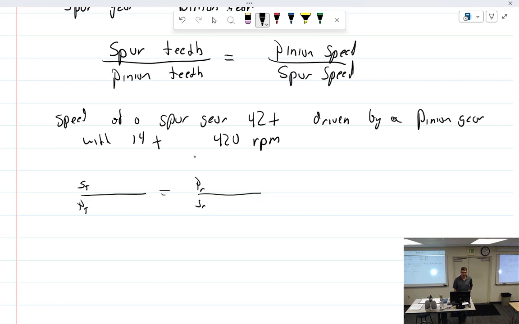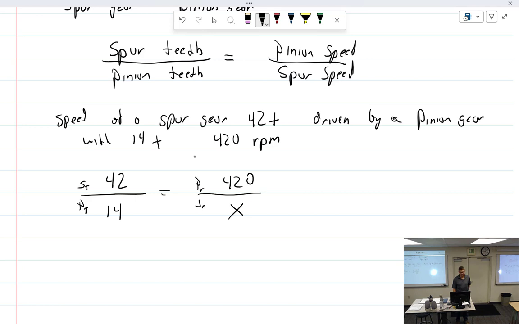All right, the spur teeth. How many teeth did that spur gear have? 42. How many teeth did the pinion have? 14. What was the RPM of the pinion? 420. And the speed of the spur is x, unknown.